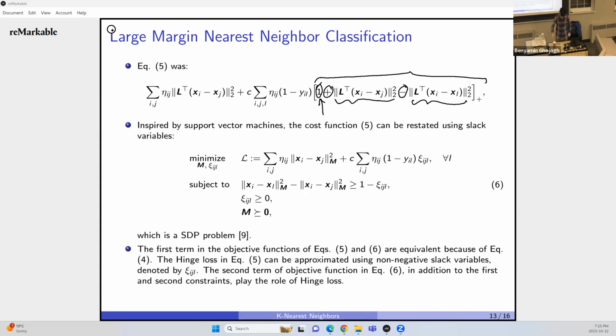When the difference of the distance of xi and xl and the distance of xi and xj becomes 1. So basically it's xi, it's xj, it's xl, right? So this is one distance, this is one distance. This distance minus this distance becomes 1, stop it.